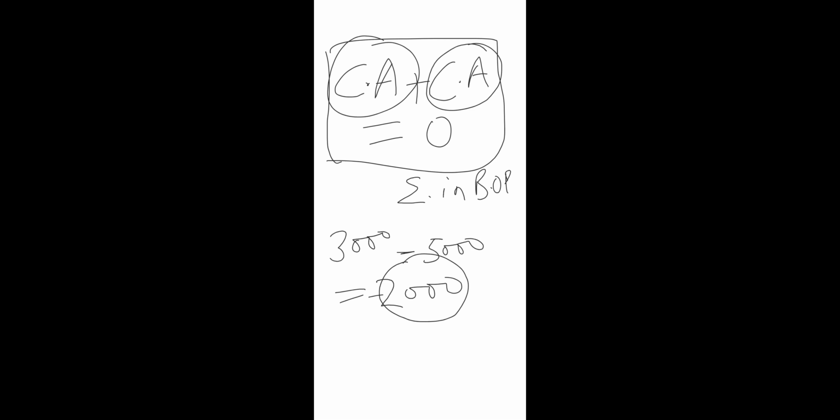And when the answer comes in minus form, suppose the capital account is 5,000 and the current account is 3,000, and the answer comes in minus 2,000, that means it is a balance of payment deficit.